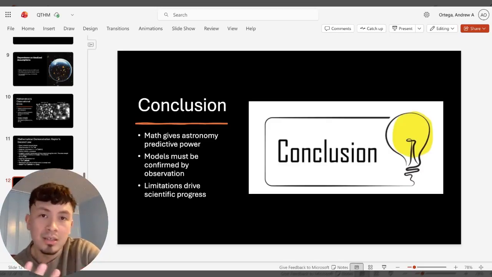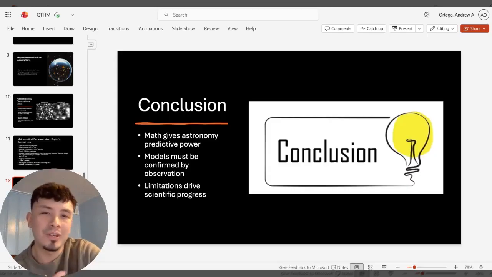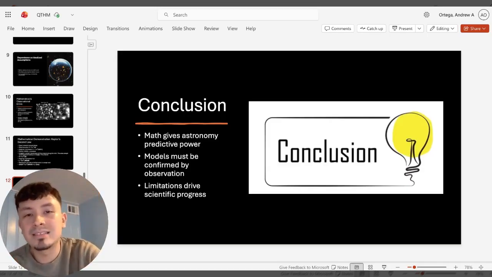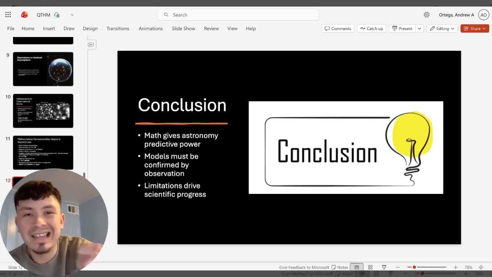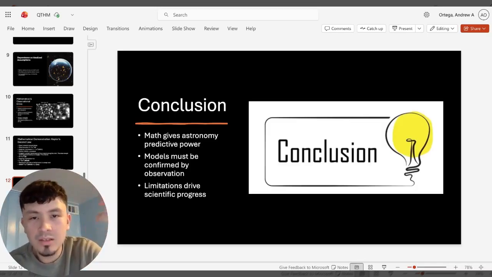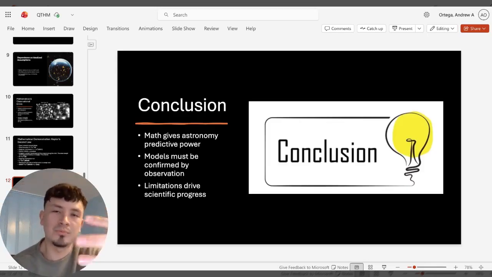Ultimately, astronomy is in a way more advanced than what we have proven over time. When mathematical models and observational evidence lack information, scientists have to work together to make math catch up to astronomy in order for it to be proven.